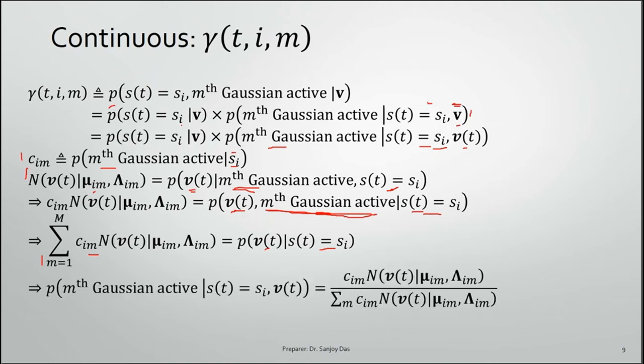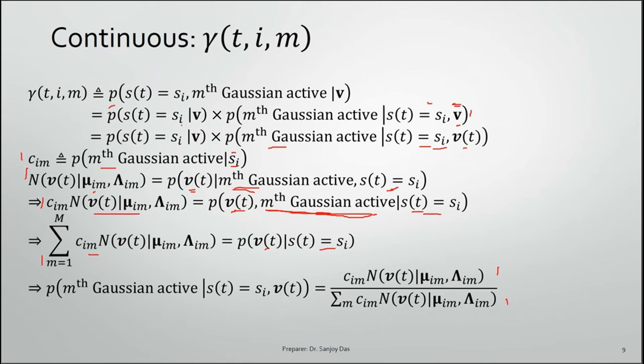Now I take the ratio. The numerator here is Cim times N of Vt given mu Im, sigma Im, lambda Im, and the denominator is the summation over the same thing.